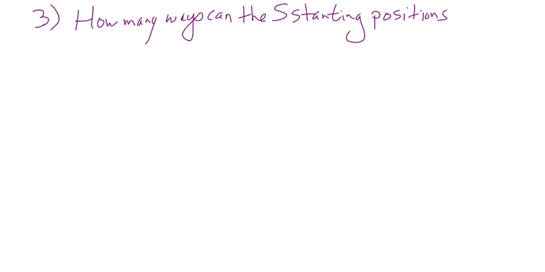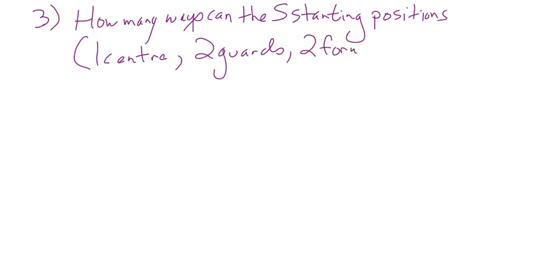Okay, so we got like a center, right? How many centers do we have? So 1 center. What else do we have? Okay, let's just call them guards. How many guards? 2 guards and 2 forwards. It's so tough. I know you don't know baseball, but you ought to know basketball. So we have some in our midst.